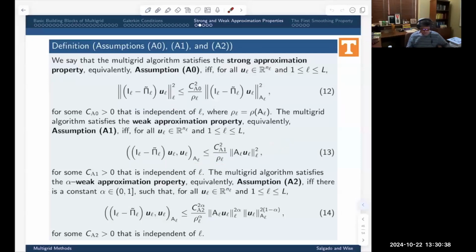But what about this new property I've just introduced? This one is brand new, and it's called the alpha-weak approximation property.